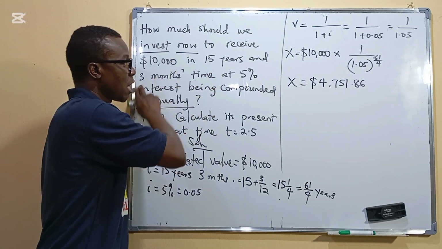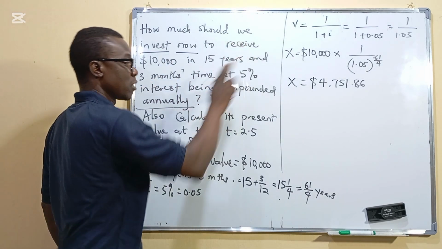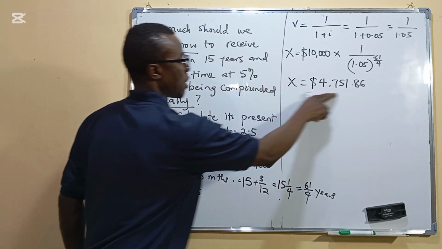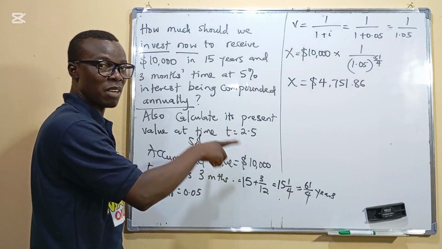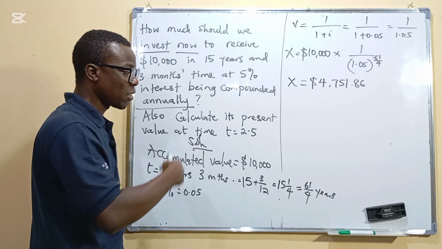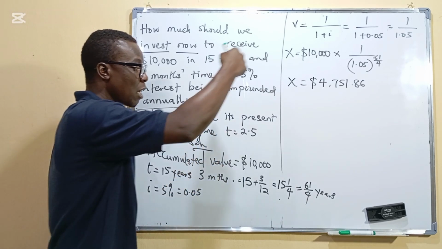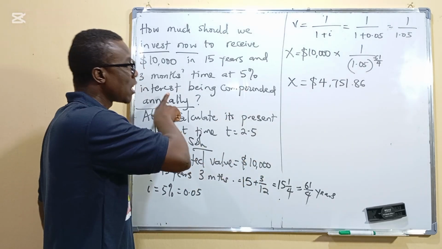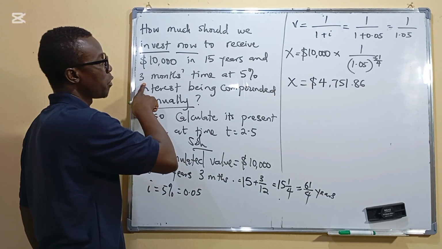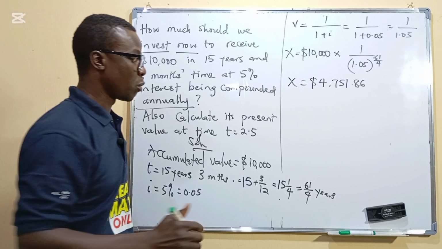Now, from 0 to 15 years, 3 months, this is the present value for that. But this person is not starting the investment at 0 years. The person rather is starting this investment at 2.5 years, and it will still run up to 15 years, 3 months. So think of it as a duration.